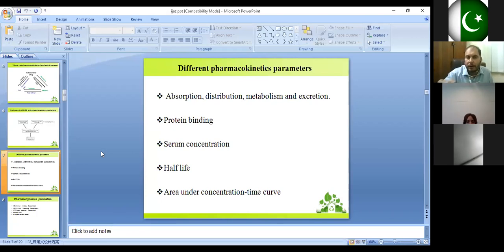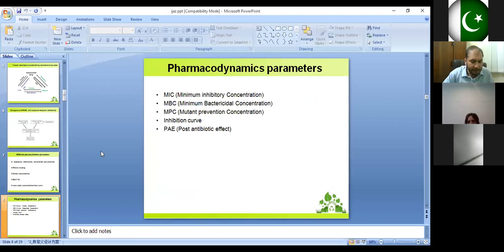Now the pharmacodynamics parameters, that is, how the drug acts. This is mostly in vitro study. You should know about the minimum inhibitory concentration. It is used mostly in the lab, by microbiologists, to know the minimum concentration of drug at which they can inhibit the bacteria.